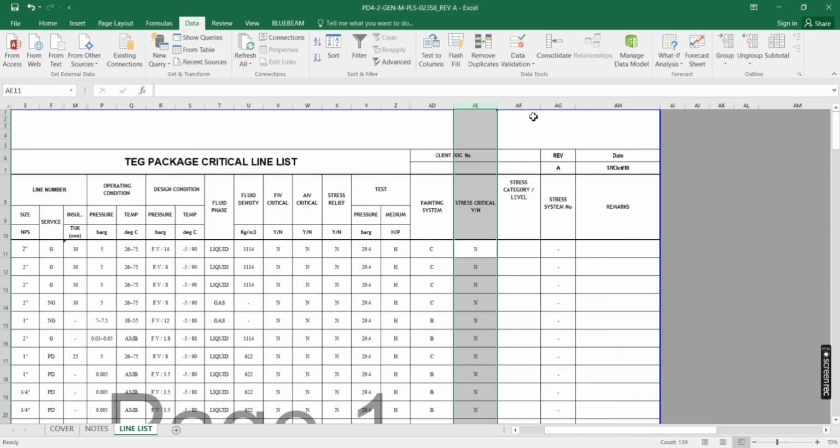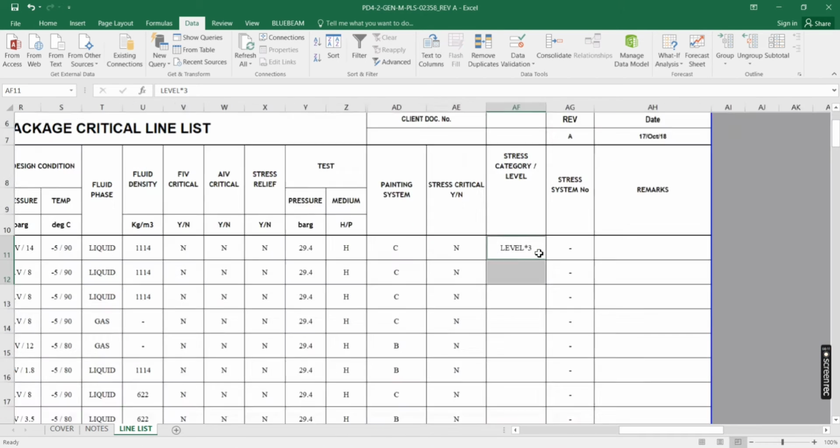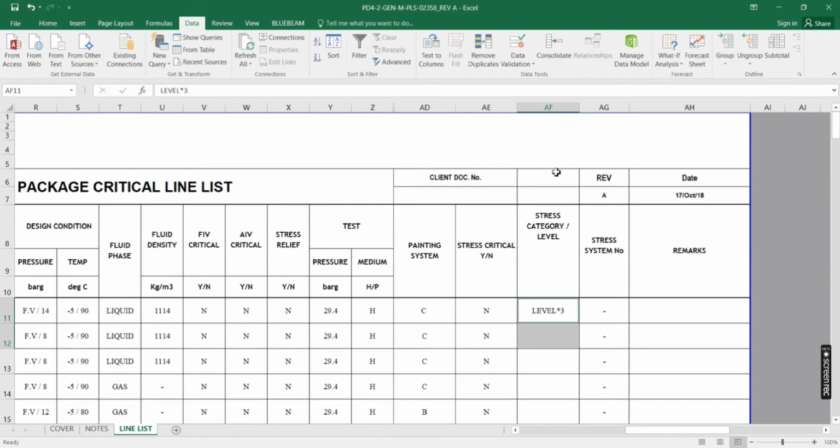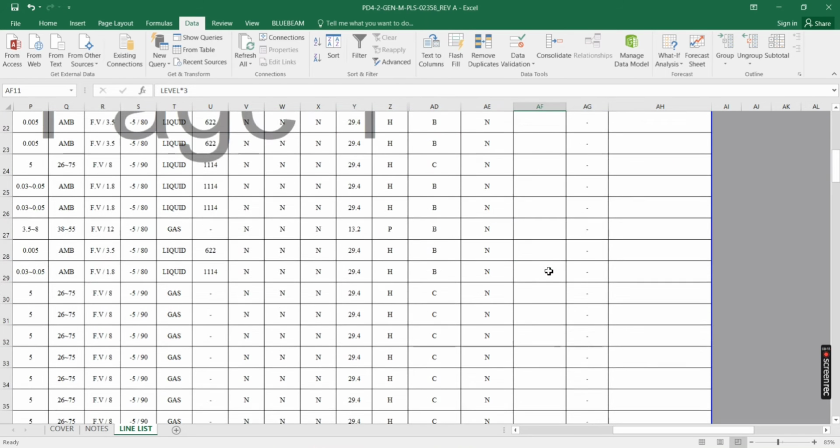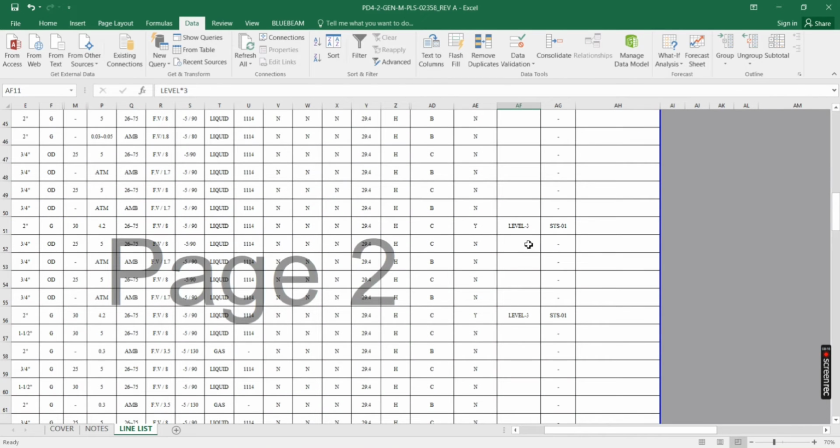If it is no, then for the critical level you need to tell whether it is level 1 or level 2, like that. If it is level 3, you have to type level 3. For example, in this case we will consider level 1 and level 3 as critical.